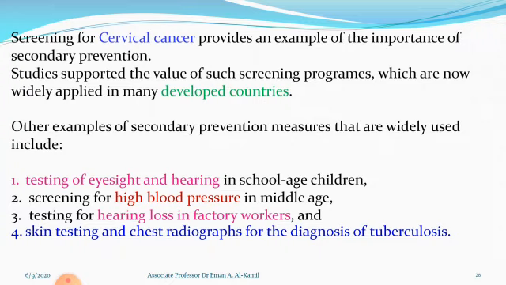cardiovascular diseases. Another example, testing for hearing loss in factory workers. There are some factories or individuals, for example, working in the industries which have high noise or sounds. For example, individuals working at the airport or the aircraft, or working at the ships.